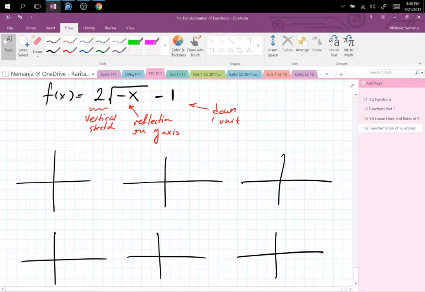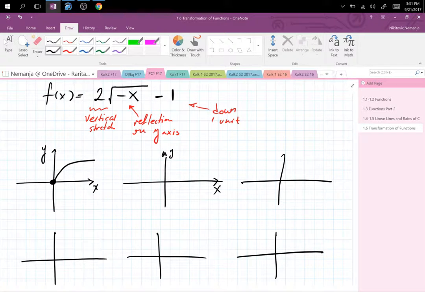You are going to start in the first box with the default case. So the first box is for the default case. The next box is the first of the transformations that you want to use. Now, I already told you that if you have a reflection of any kind, or both of them, reflections are first to be done.